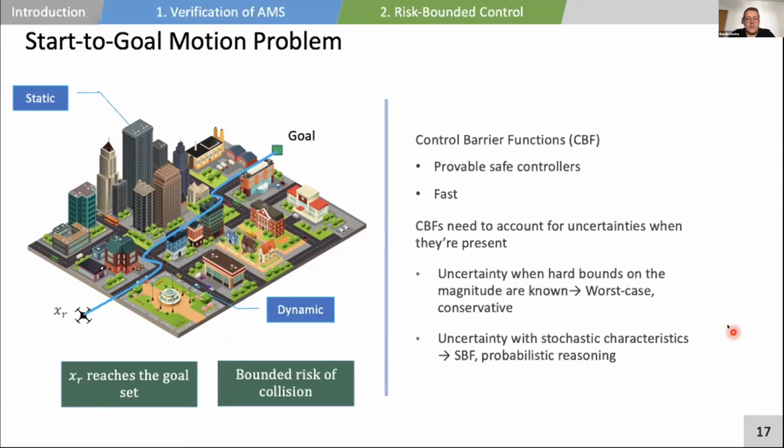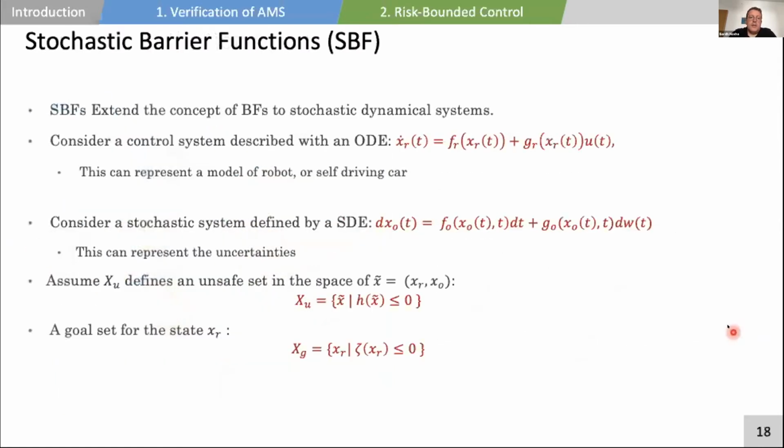When hard bounds on the magnitude are known, these can be very conservative, or we can model the uncertainty with stochastic characteristics and have some probabilistic reasoning. Stochastic barrier functions are an extension of barrier functions to stochastic dynamical systems.